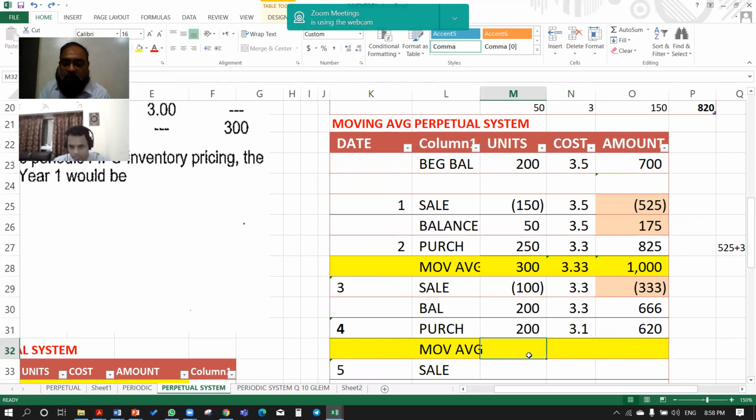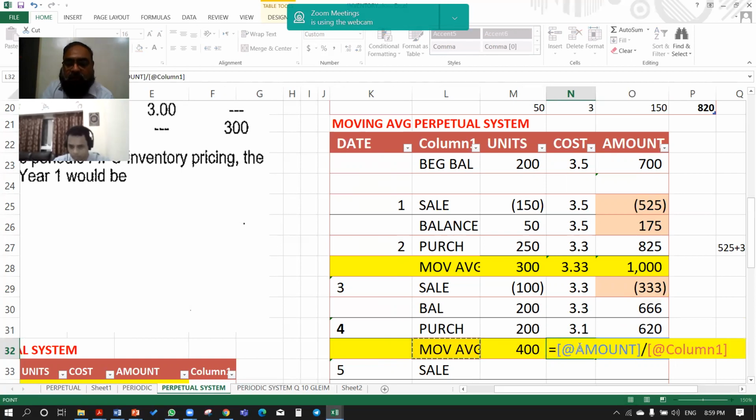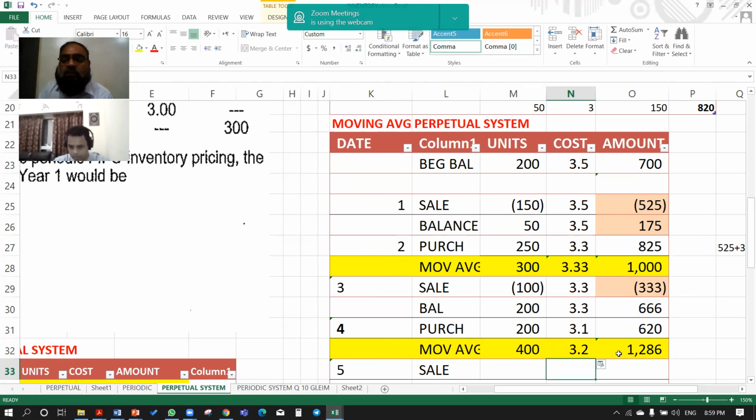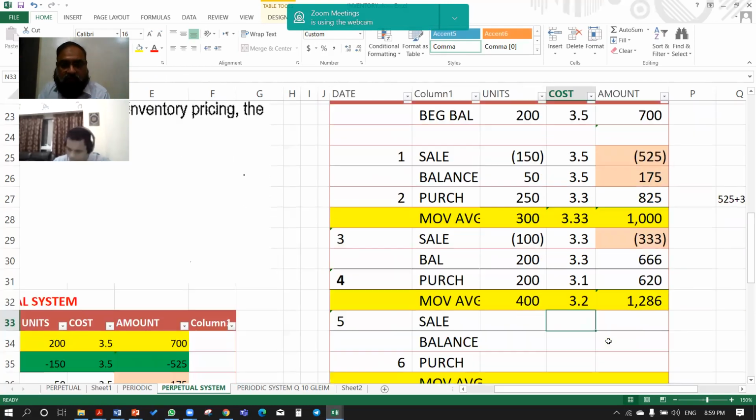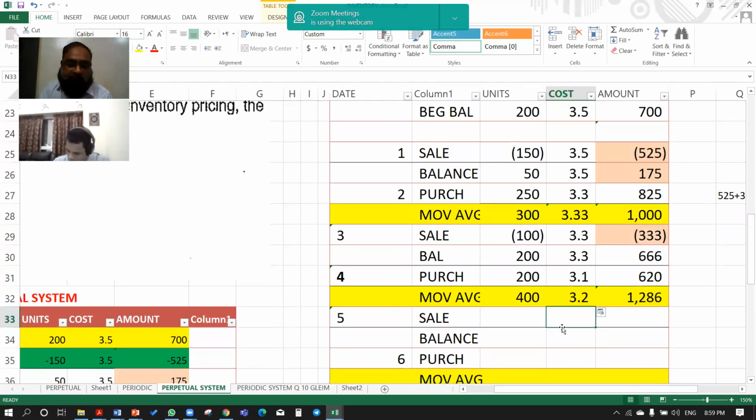It should be here, right? 400. And what will be the rate? First of all, we have to add 620 plus 660, that is 1280. How to find out the rate? Amount divided by quantity, divided by 400. It's 3.2 something, right?